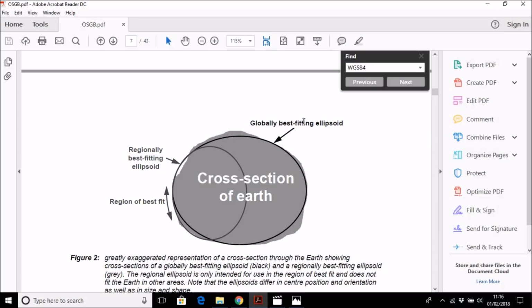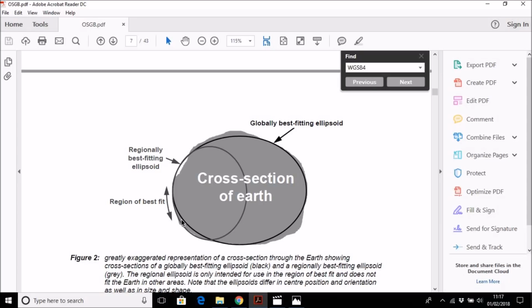There's a globally best fitting ellipsoid which is given in black, which is the best fit you can get, taking all points around the edge of the Earth into account. And it fits very, very well here in this particular location, and here in this location, and down here in this location, but does not fit well here, or here, or here, or here. And you can use other ellipsoids that fit those regions better.